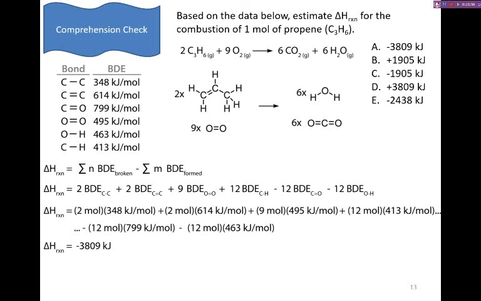If you say that was your answer, you're not quite right, because remember, the reaction is listed for 2 propane, 9 oxygen, 6 carbon dioxide, 6 water, but we want to know for 1 mole of propane. So we need to divide by 2 moles to get negative 1,905 kilojoules per mole.